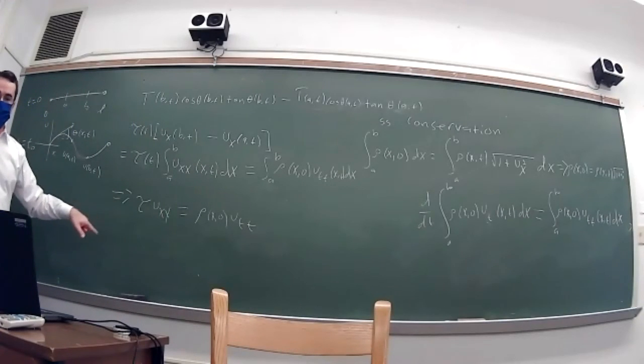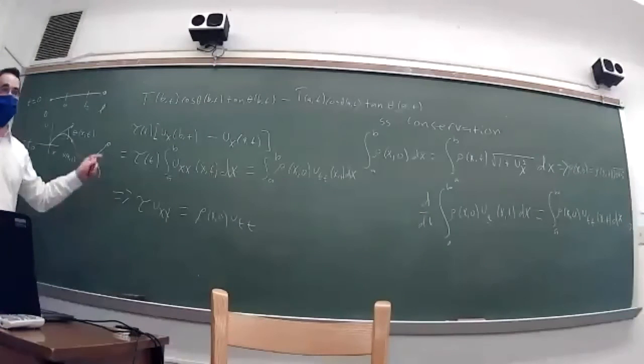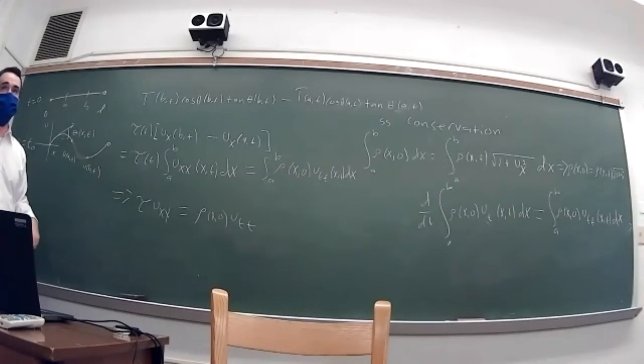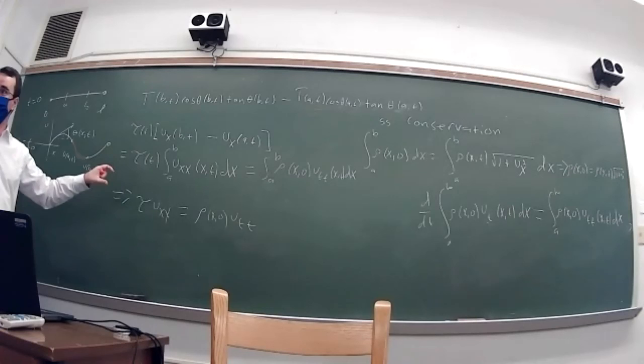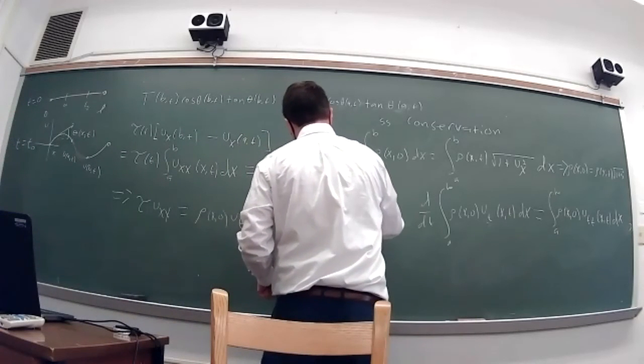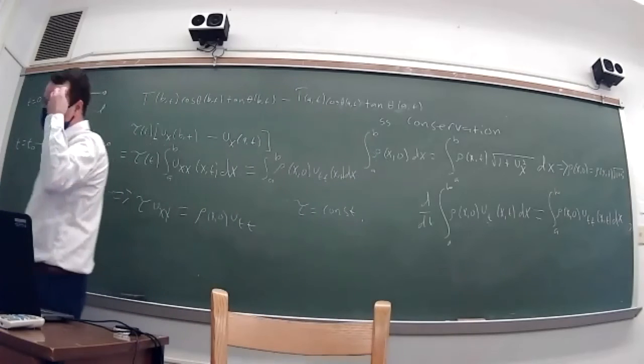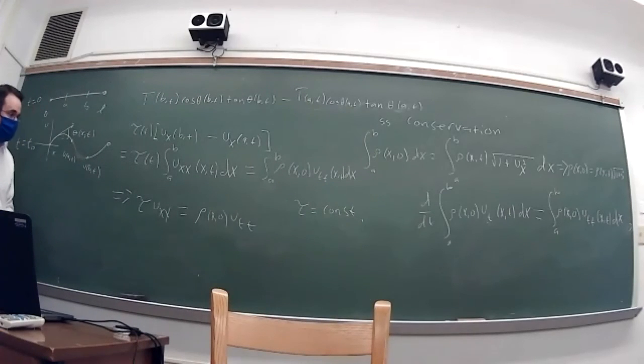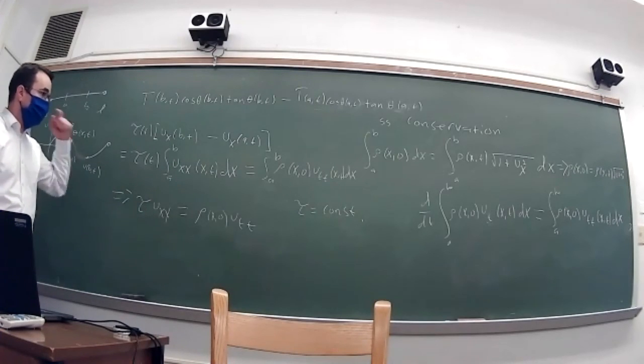And now it's common to make the assumption, this is not a consequence of anything, that tau is constant, and therefore just call it tau instead of tau of t. That's an assumption, it's not a consequence of anything.